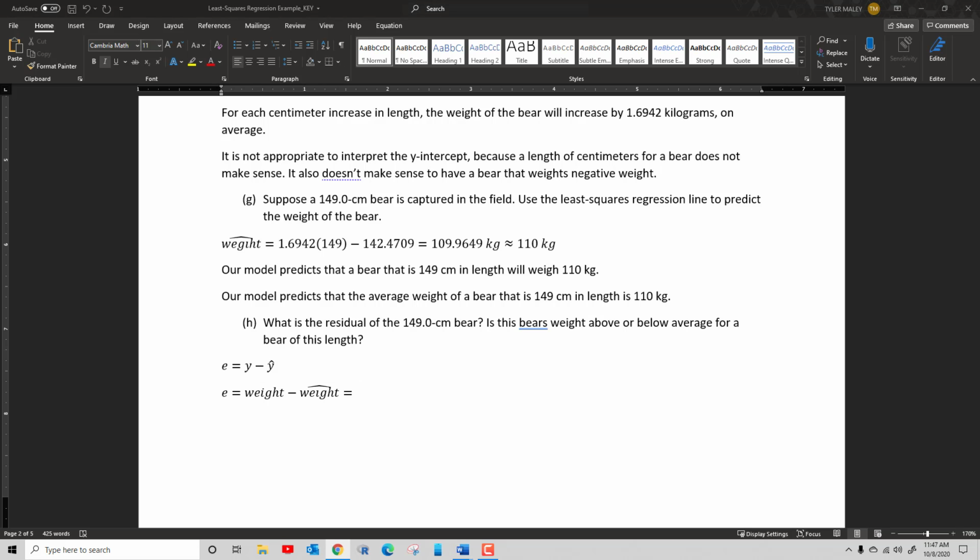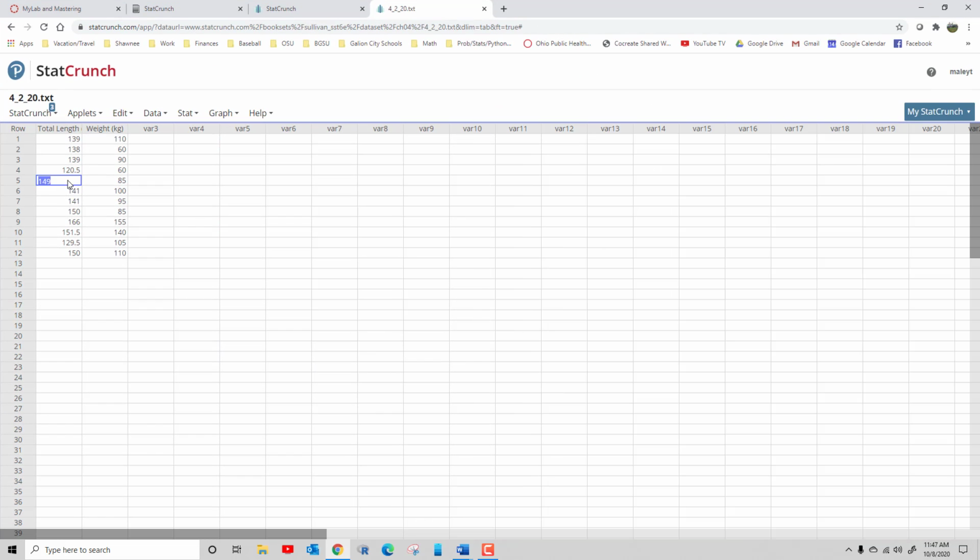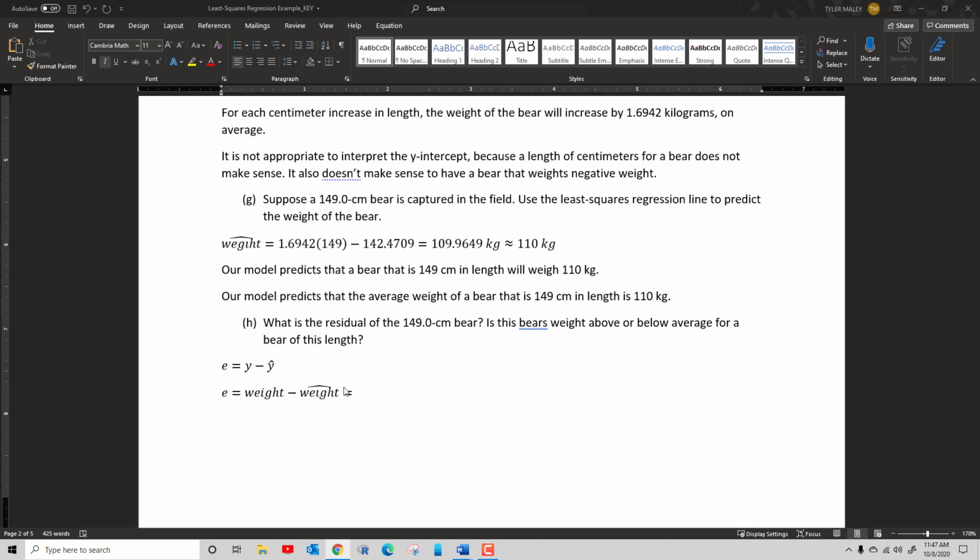So if I look at my data set for 149, I had a bear that had a length of 149 centimeters and weighed 85 kilograms. So that's going to be what my weight is.